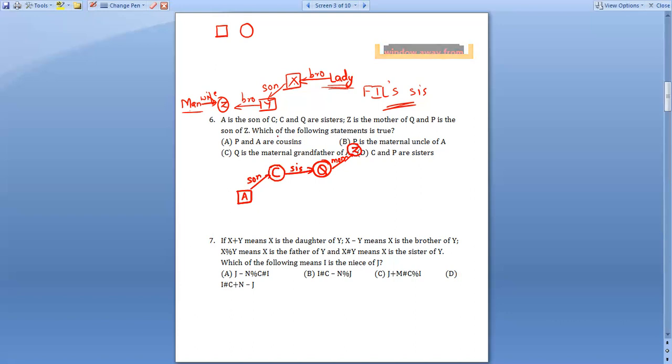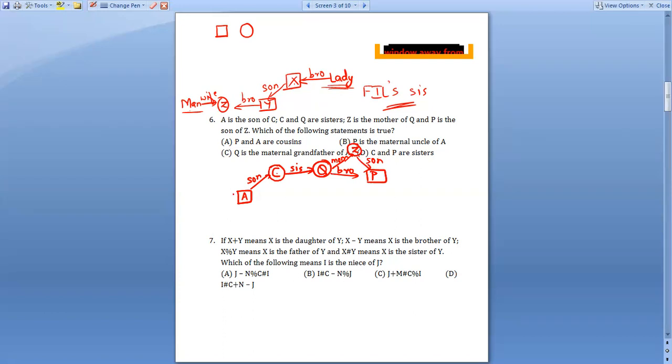Next, P is son of Z. Now observe, C and Q are sisters, Z is mother of Q and P is son of Z. That means C, Q and P are siblings, right? So let's check which of the given statements is true.